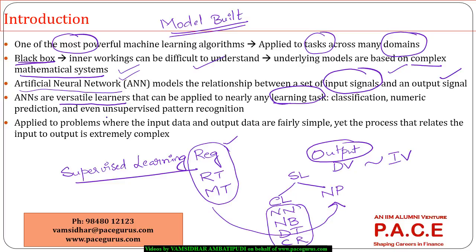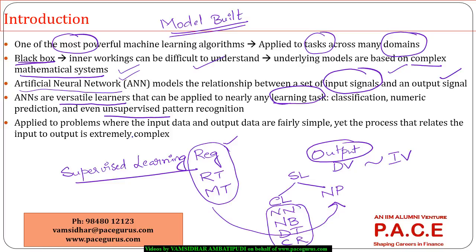And in some cases, I can use neural networks for unsupervised learning also. This is one such technique which is typically used both for supervised as well as unsupervised learning processes. So that's one more advantage associated with neural networks.